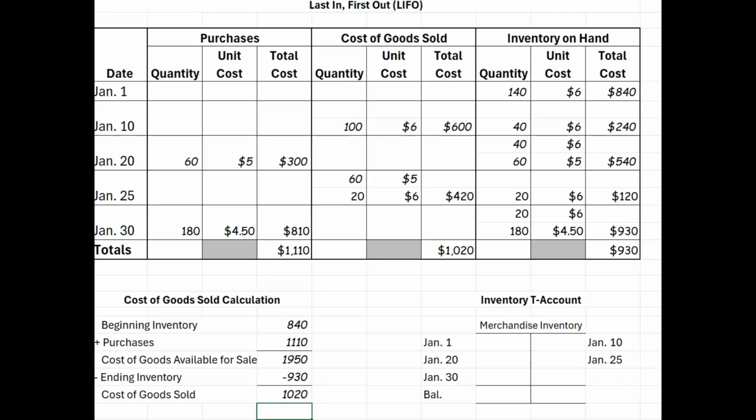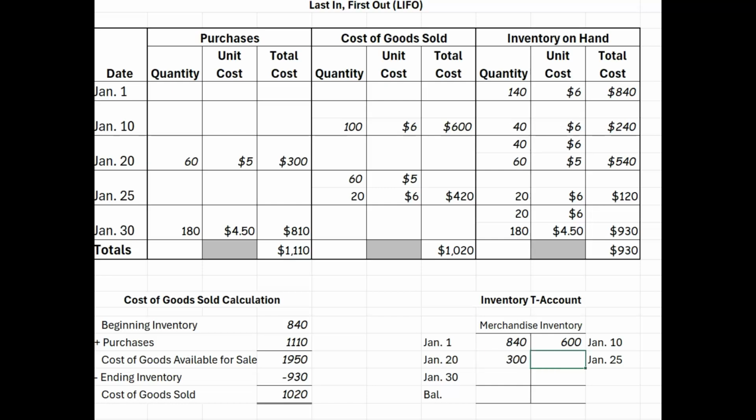Now let's prove our ending inventory balance. We started with beginning inventory of $840. And we had a sale on January 10th for a cost of $600. On January 20th, there was a purchase of $300.